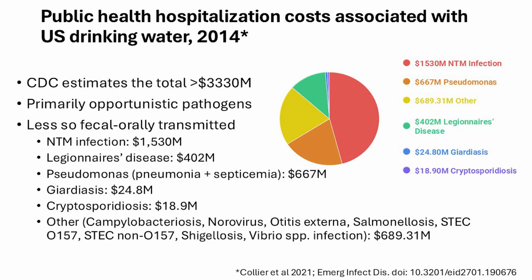So if we just look at public health cost, and these are the latest data that I could find that were published in 2021, the majority of the cost associated with waterborne microbial infections are from these opportunistic pathogens. NTM is non-tuberculosis mycobacterium. Legionnaire's disease is caused by Legionella. Pseudomonas is caused by Pseudomonas aeruginosa.